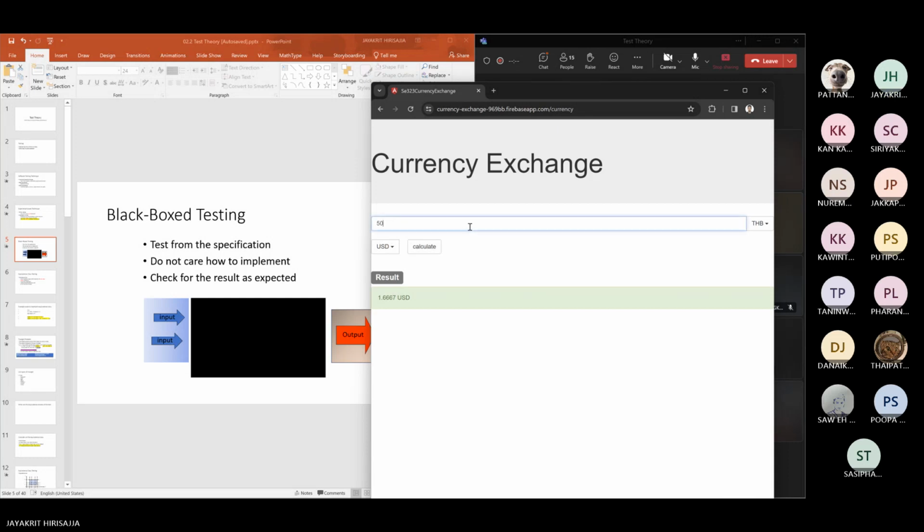At the least, the smallest number of inputs is that we input this one, and we click calculate, then we get this output, right? So how many inputs do we need to use for this test?